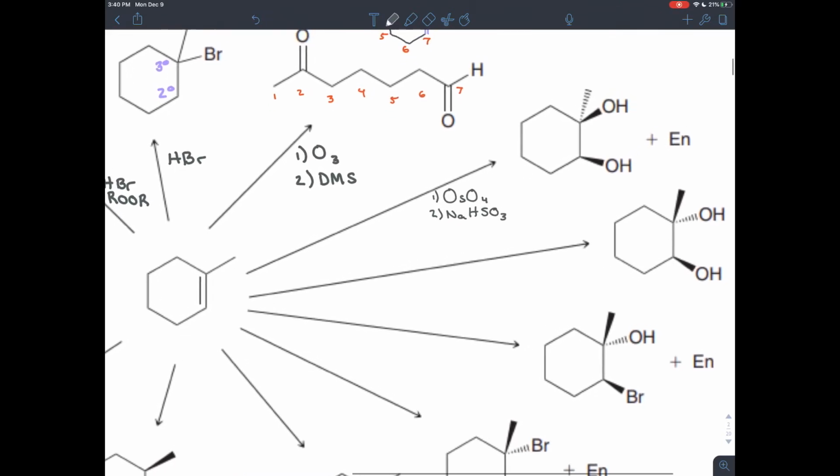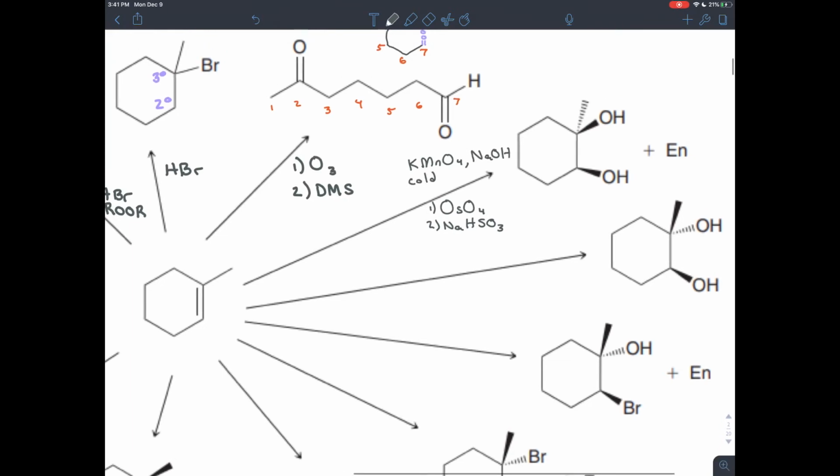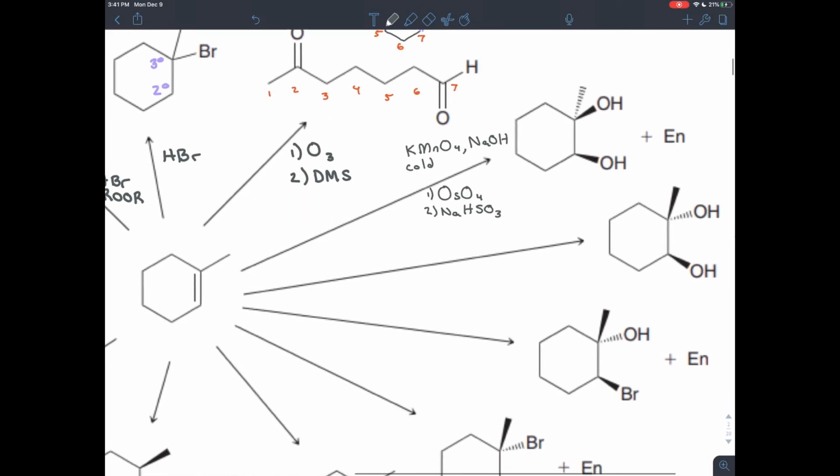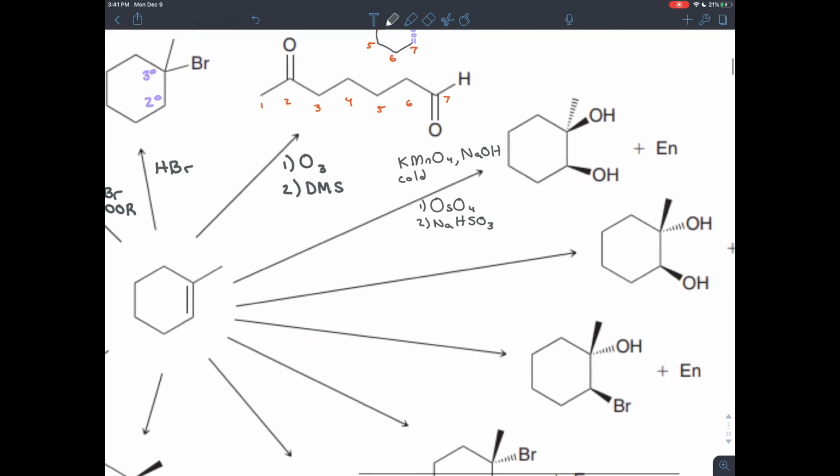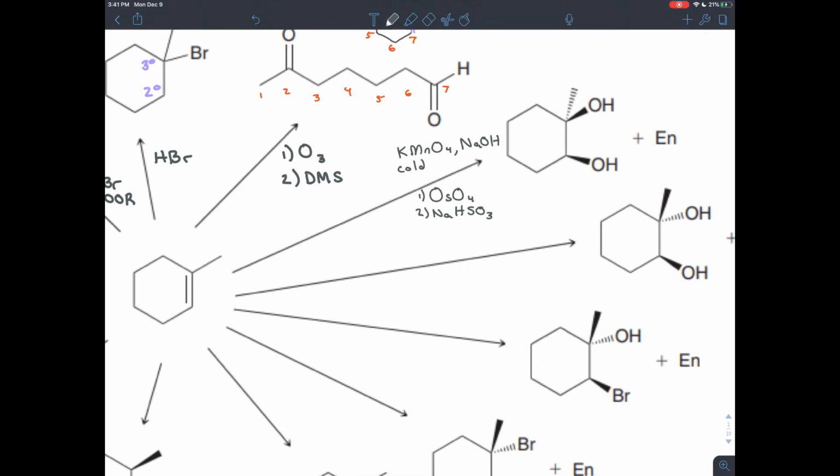You could also use potassium permanganate at a cold temperature, so something like 0 degrees Celsius, but cold, and also you'd want some sodium hydroxide in there. So that's the syn dihydroxylation that we would have learned in that alkene chapter.